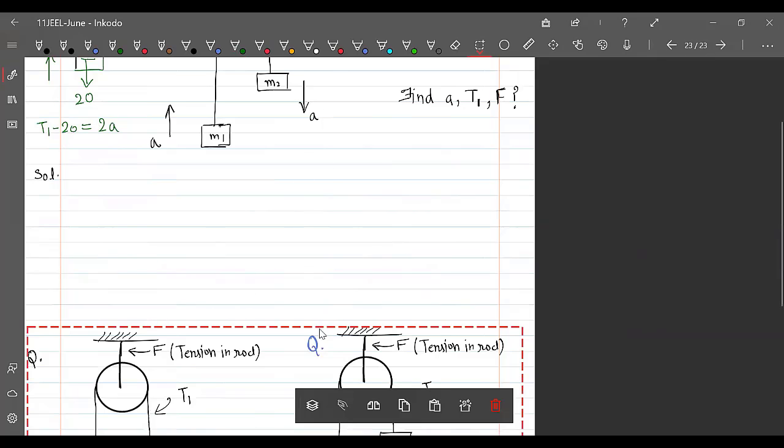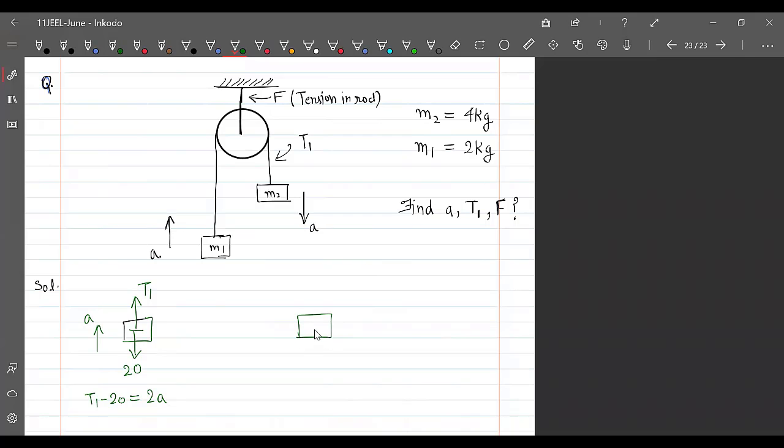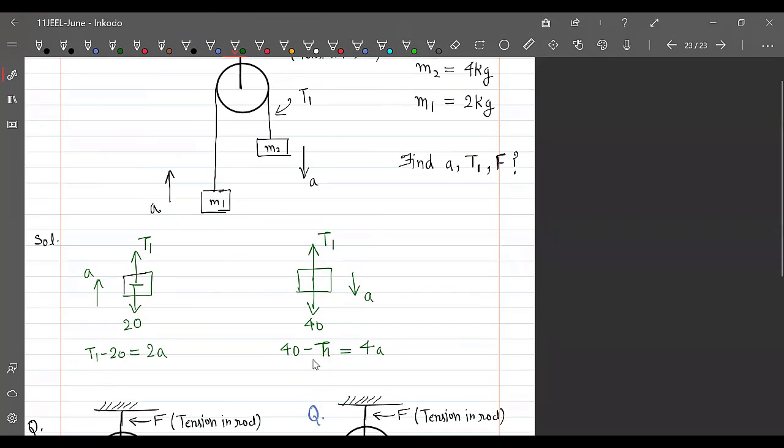Similarly, for M2, you can draw FPD. Weight mass for 4 kg है तो नीचे 40 न्यूटन लगेगा. Tension will be upward, that will be T1. और acceleration downward है. जिधर acceleration उधर positive लेते हैं. So this will come out to be 40 minus T1, that is equal to 4A. Net force is equal to mass into acceleration.